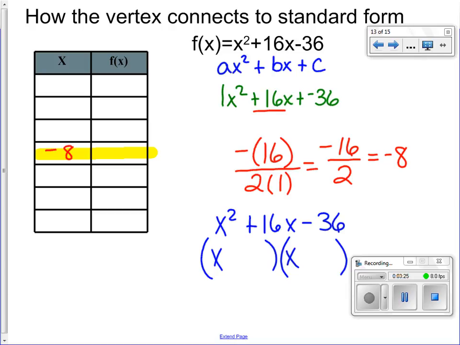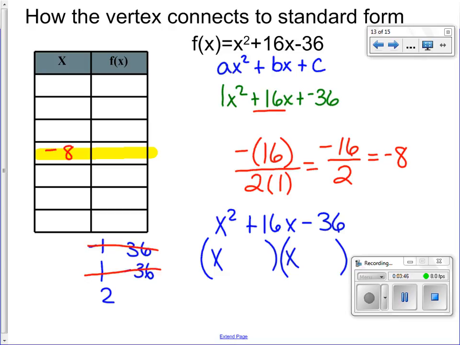Well, I would look at my factors, so I know 1 and 36, there's no way that's going to work, and then one of them has to be negative, so negative 1 or positive 1 and negative 36. Neither one of those is going to add to give me 16. So I know it's not them. I go to my next set of factors.